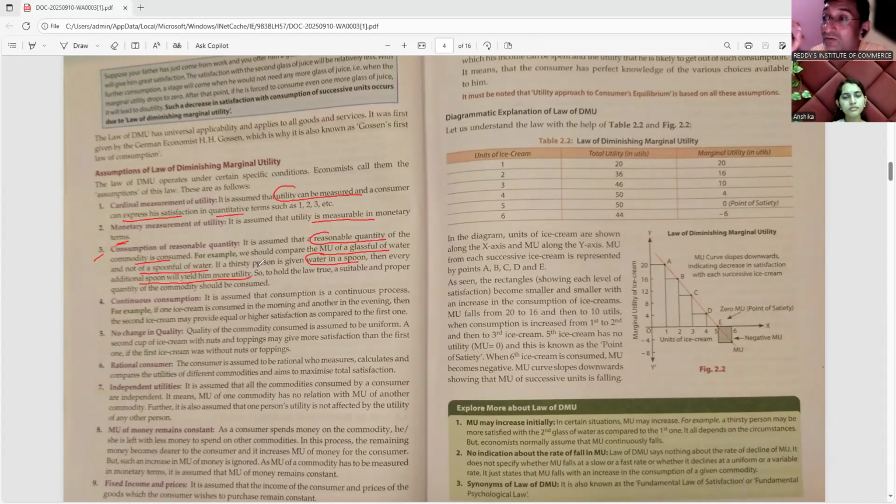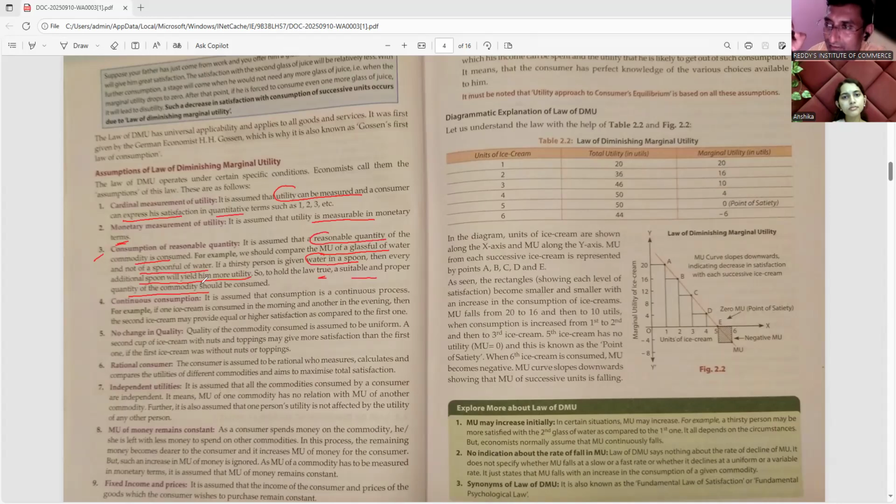Why? Because I am not getting a reasonable quantity. So this is also another law: a suitable and proper quantity of the commodity should be consumed.